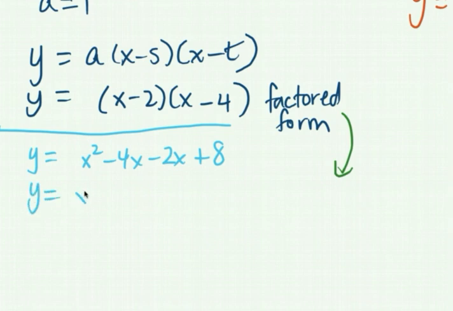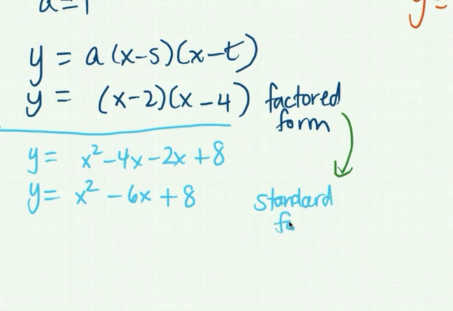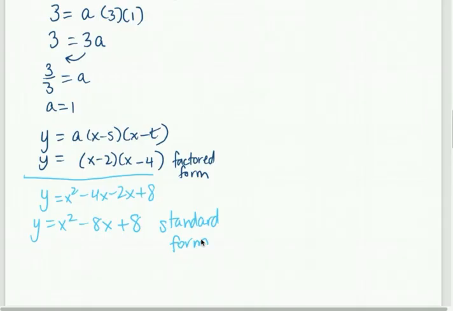Okay, and then we're just going to clean up the middle. That makes it negative 6x and then plus 8. Okay, so that is your standard form. All right, that is one way to go about building the standard form.